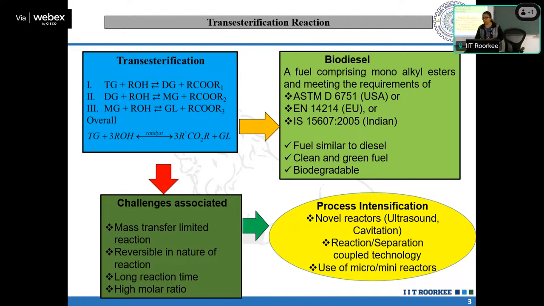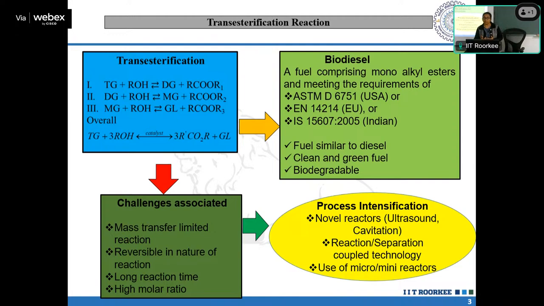Let us first discuss why we are not particularly interested in carrying it out in, let's say, a batch reactor. This is basically a mass transfer associated with the reaction. The alcohol molecules need to diffuse through, and then the reaction will start.